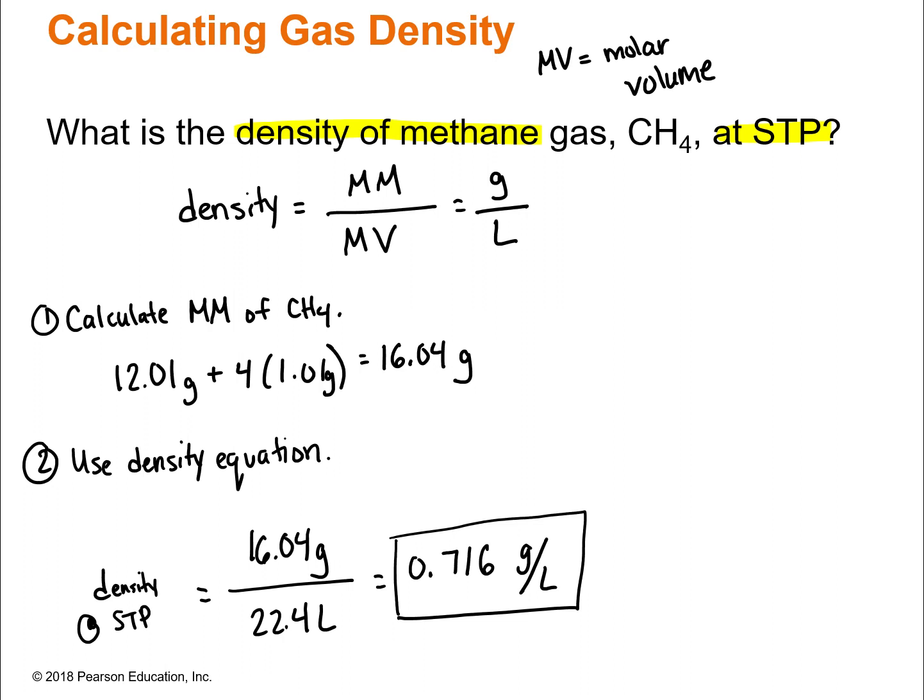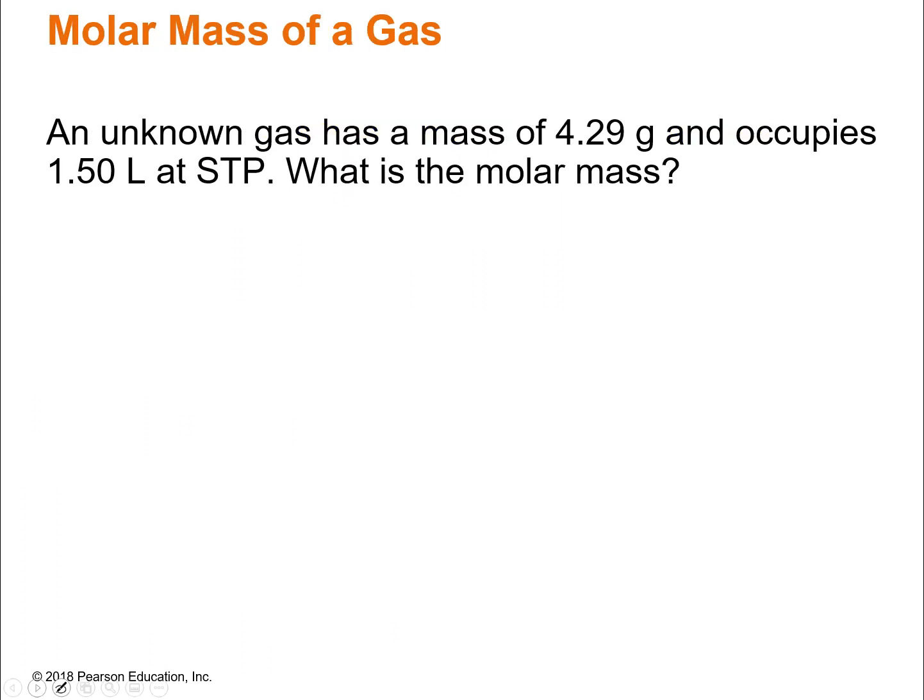So we'll do another density problem type. I'll give you a little sneak peek of it here, but we'll work on it more in class. This type of problem, for whatever reason, seems more difficult than it is.